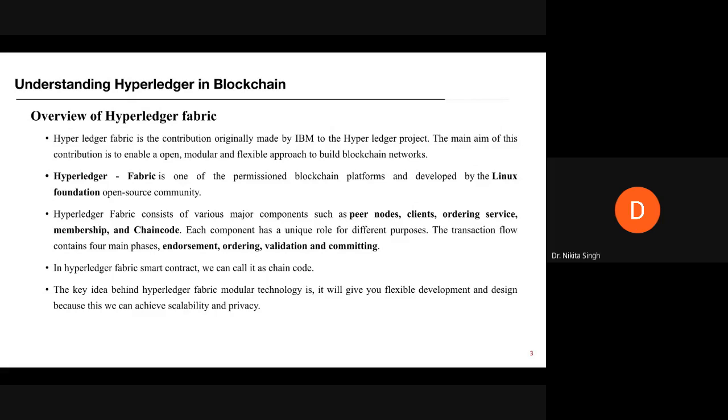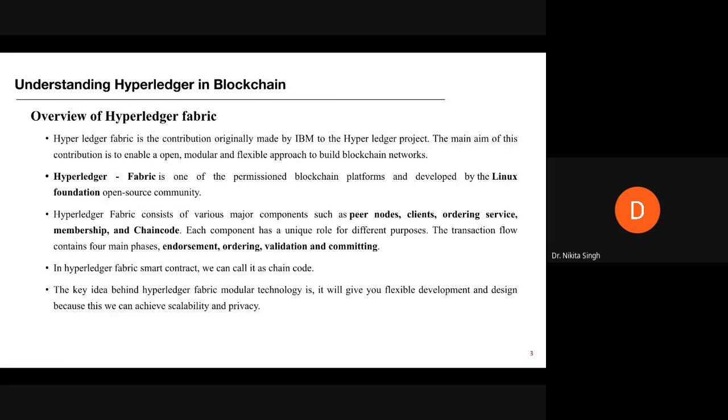It was established under the Linux Foundation. So this is a brief overview of Hyperledger Fabric: it is a permissioned blockchain, it is open source, it has been developed by the Linux Foundation, and it has a very modular structure which allows you to use different types of flexible modules to develop your blockchain network.